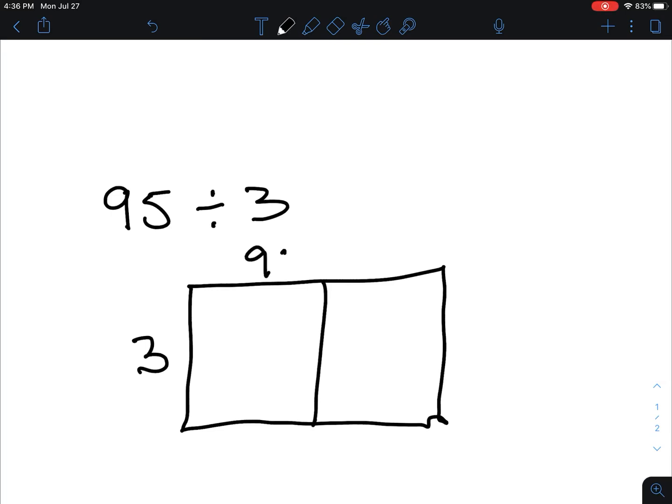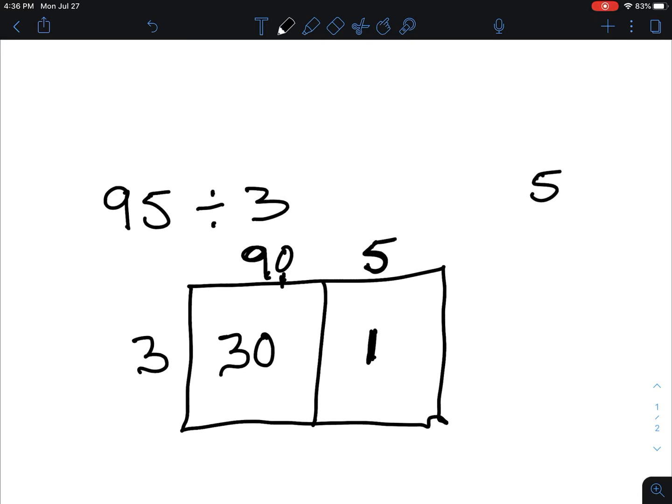All right, so your divisor goes on the left. My dividend goes on top, but I am writing it in expanded form. Then I divide. 3 goes into 9, 3 times. I have a 0, so I can bring 10 here. And then 3 goes into 5 once. Here's the key: how do I find the remainder?